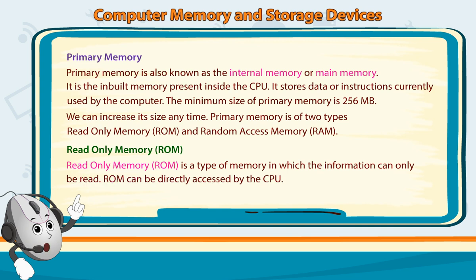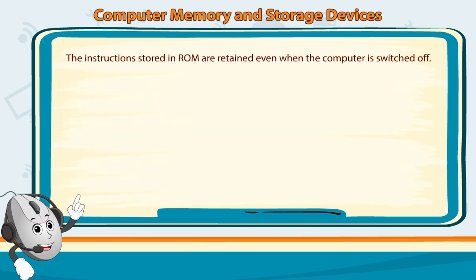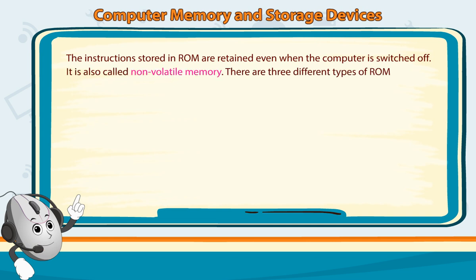ROM can be directly accessed by the CPU. The instructions stored in ROM are retained even when the computer is switched off. It is also called non-volatile memory. There are 3 different types of ROM: PROM, EPROM, and EEPROM.